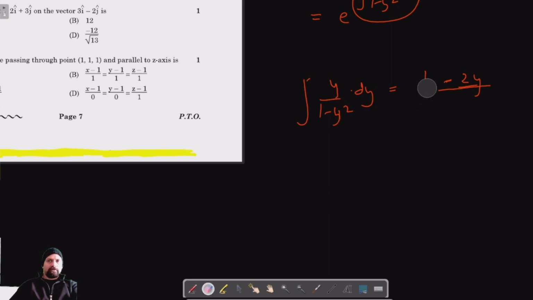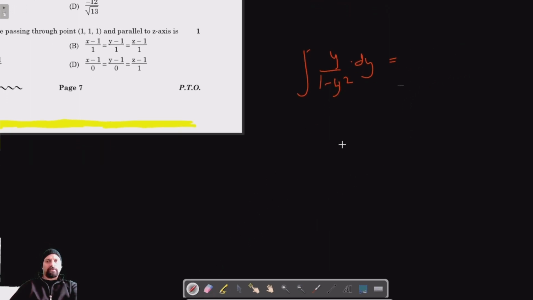Or if you want, you can also evaluate this using the substitution method. So let's say 1 minus y square is equal to t. So differentiation of this is minus 2y into dy is equal to dt. So y into dy is equal to negative dt by 2.